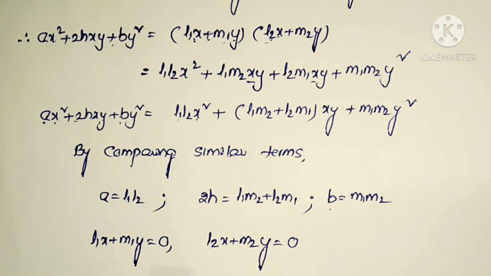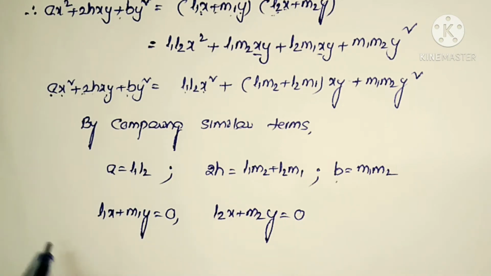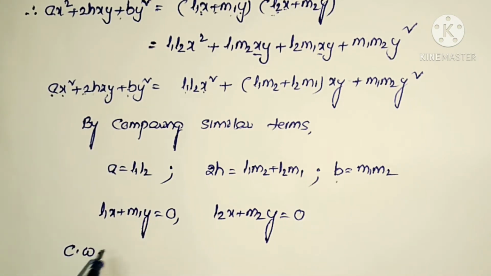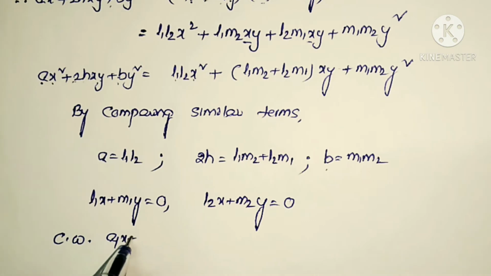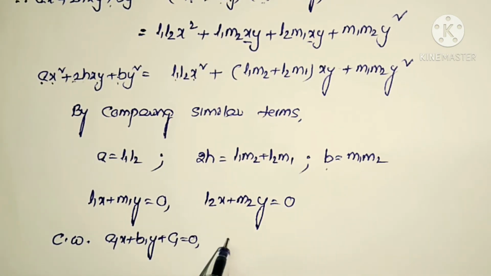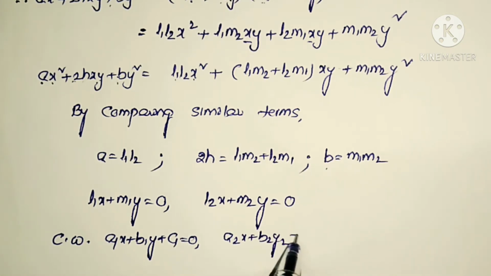So to find the angle between the lines, first I take the lines l1x + m1y = 0 and l2x + m2y = 0, and we compare these two lines with the lines a1x + b1y + c1 = 0 and a2x + b2y + c2 = 0.